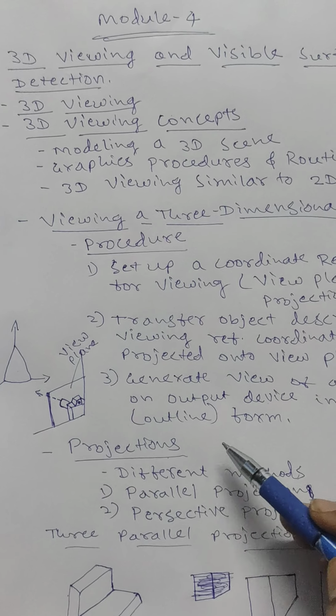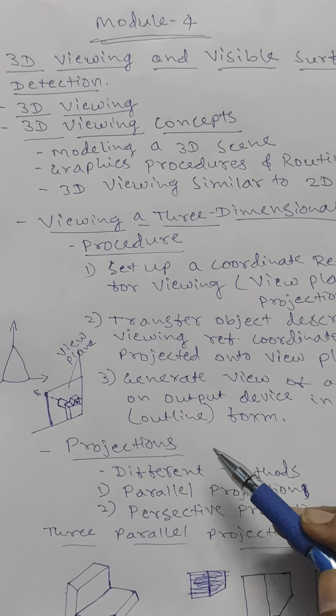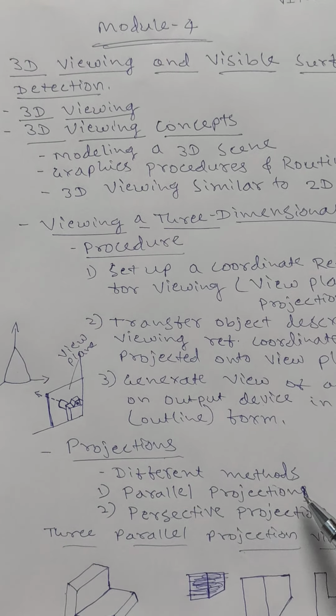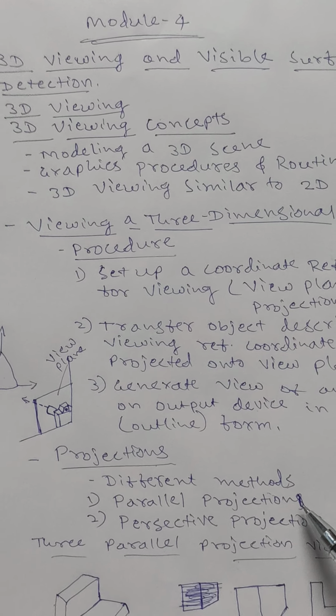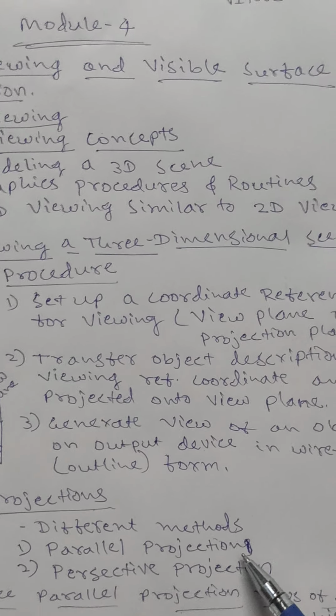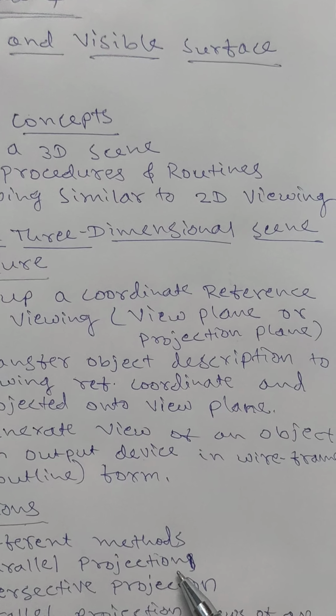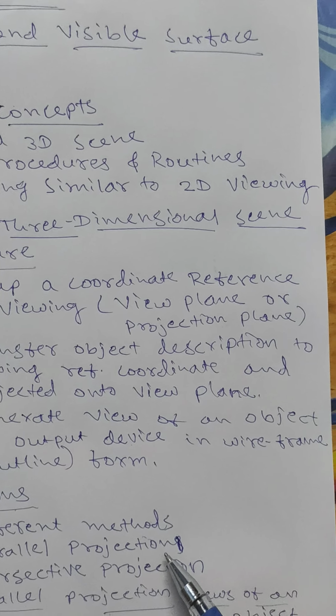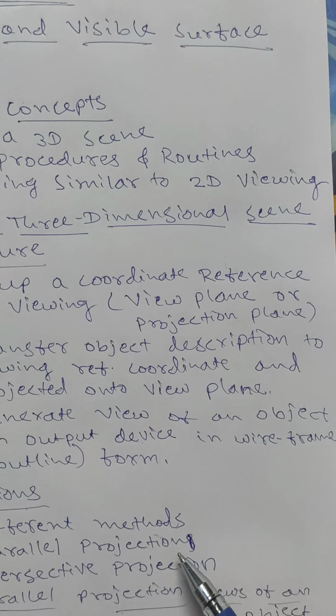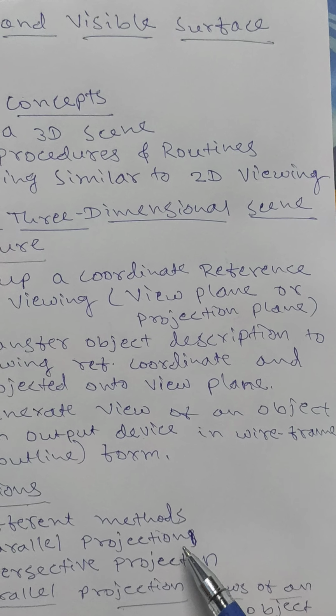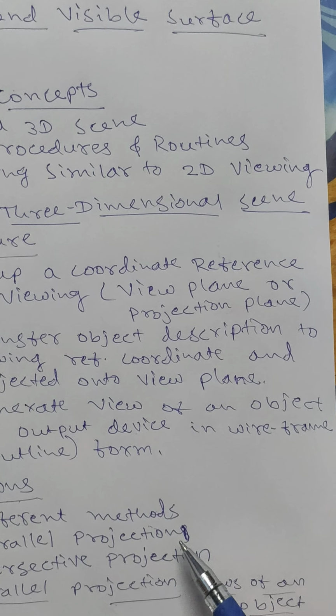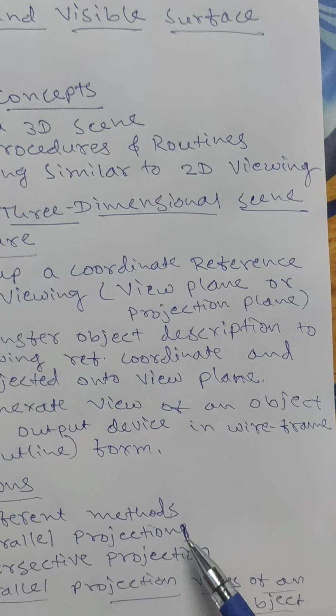Let us see the different methods or types of projections. The very first method is parallel projection, right? This method is for getting the description of a solid object onto the viewing plane by projecting the points on the object surface along parallel lines.